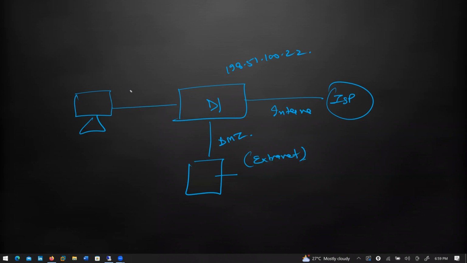This is the usernet, 192.168.15.47. Let's say the internet user sitting over here holds an IP address something like 203.0.113. This is the IP segment used in your lab as well, right?